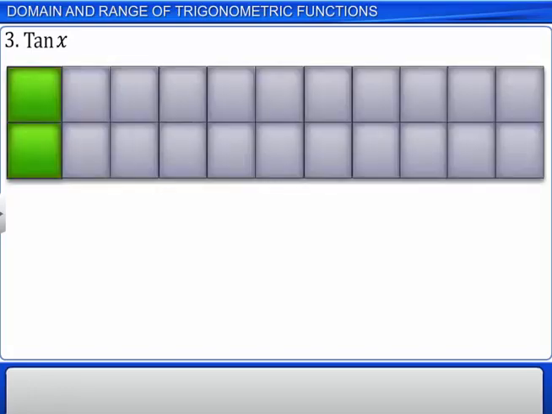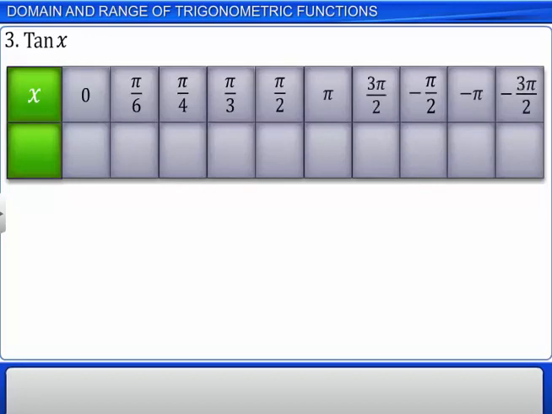Let us take the values of x as 0, pi by 6, pi by 4, pi by 3, plus or minus pi by 2, plus or minus pi, plus or minus 3 pi by 2. Then, the corresponding values of tan x are as shown.